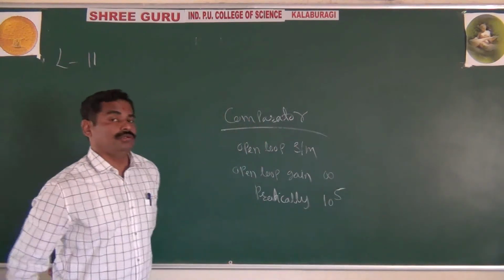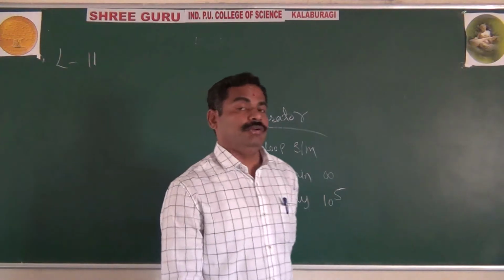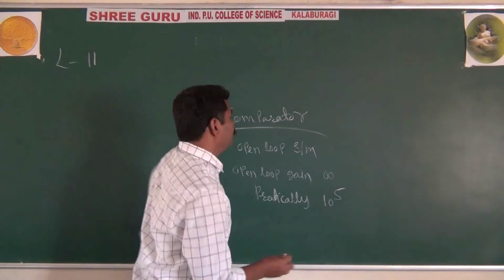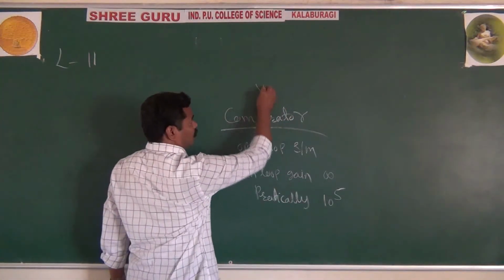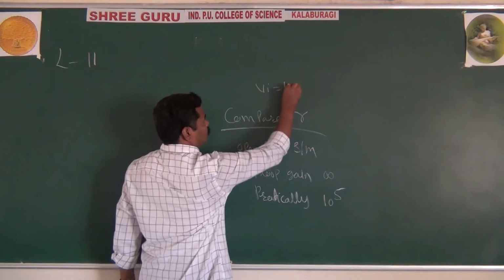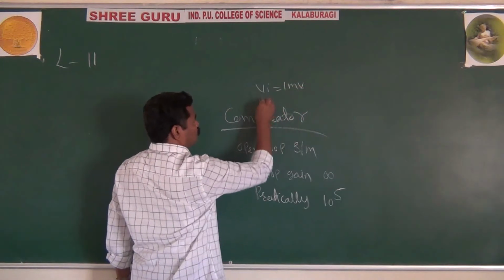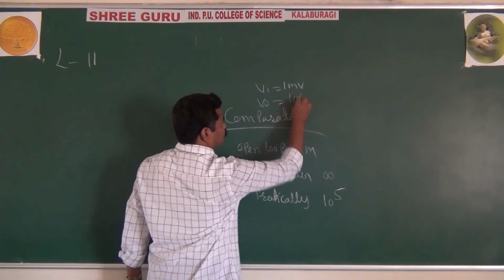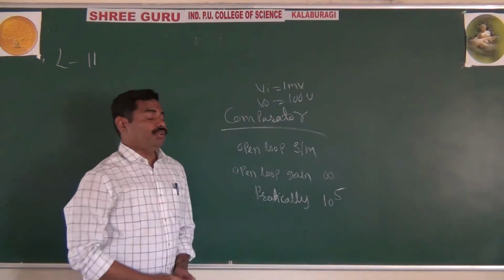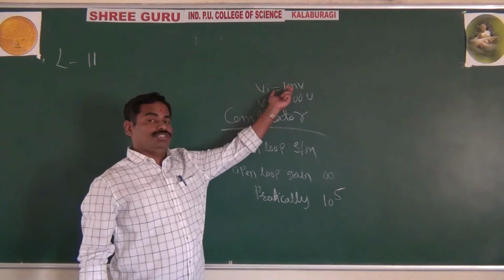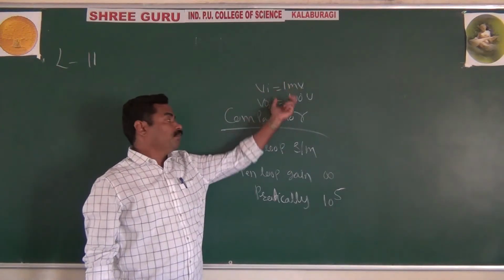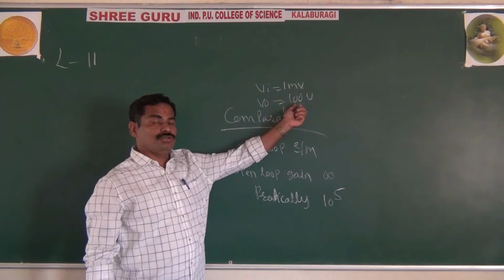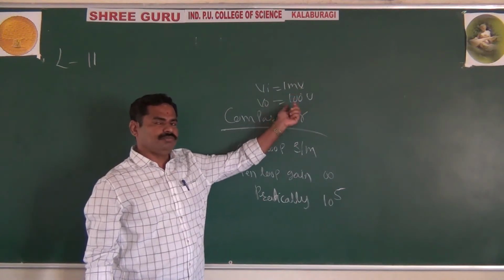It means you are not applying negative feedback in your comparator. If you apply a very small input voltage, say Vi equal to 1 millivolt, you would get an output of nearly about 100 volts. But it is practically not possible.